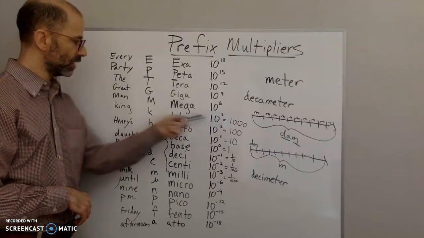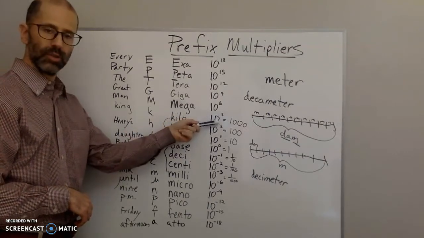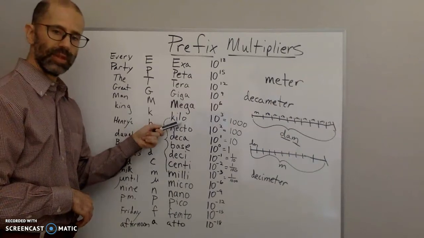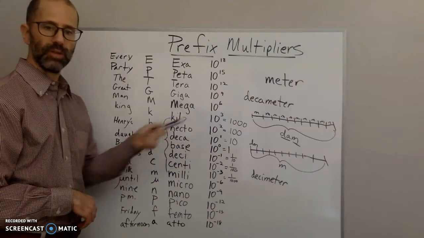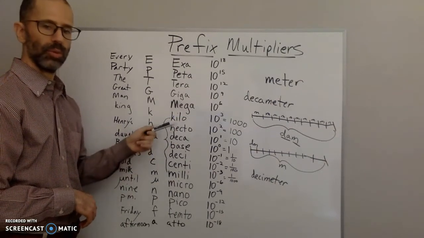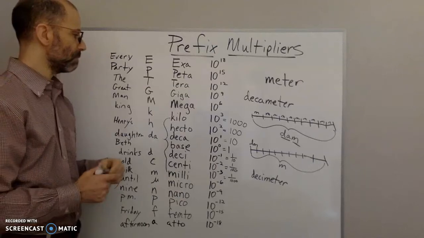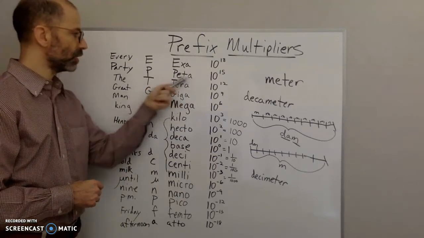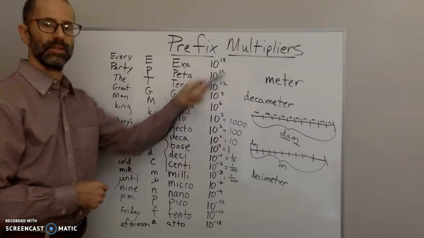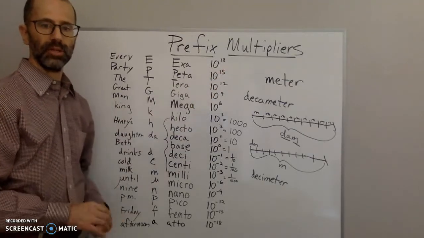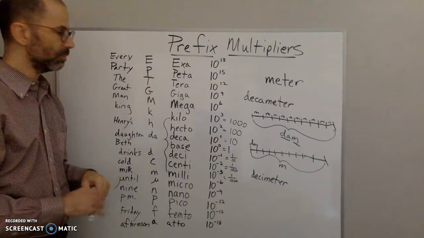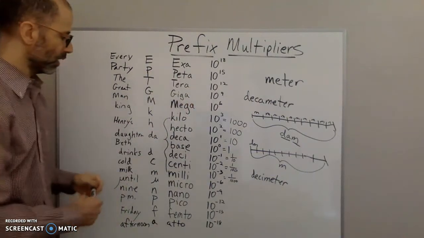Kilo is 1,000, or 10 to the third. So 1 kilometer is 1,000 meters, whatever the base unit. If it was kilograms, it would be 1,000 grams. A petameter or petagram would be 10 to the 15 meters or 10 to the 15 grams. So these are going to be multiplying, making it larger.